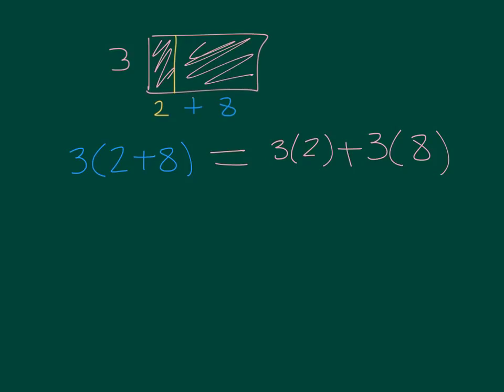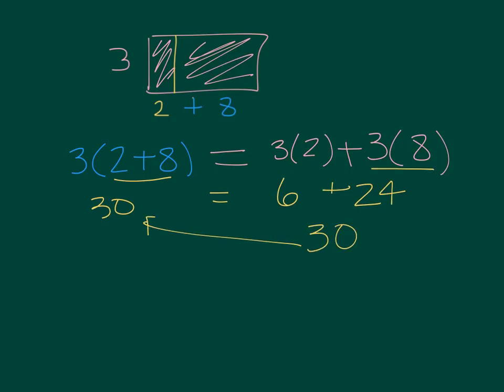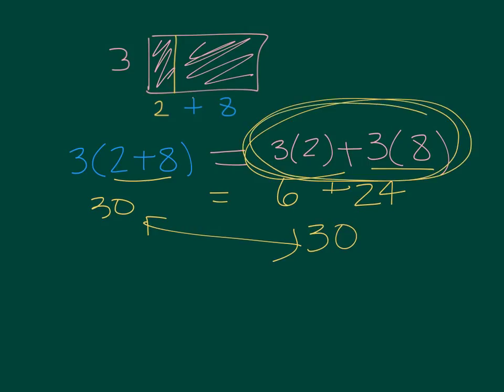Let's check it out, okay? So this is basically 10, so 3 times 10 is 30. And this is 6 plus 3 times 8 is 24, and that is also 30. They equal each other. In this situation right here, I distributed. I gave the 3 to the 2. I gave the 3 to the 8. Let me show you another example.